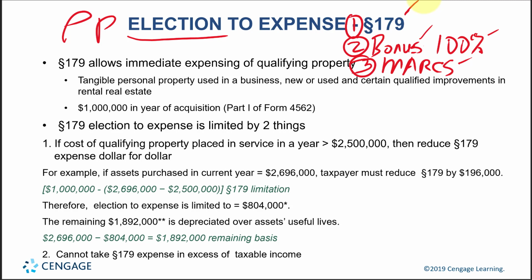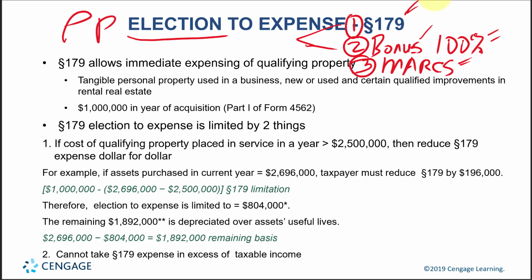So all that time you would think, oh, learning MACRS, no sense because we've already deducted everything. The thing is, again, 179 is an election you don't have to do. And you can elect not to take. You elect out of taking bonus. That means now you have all that cost to deduct under MACRS. And there may be reasons why you don't want to deduct the whole thing in the first year. These two only apply to the first year you place the asset into service.